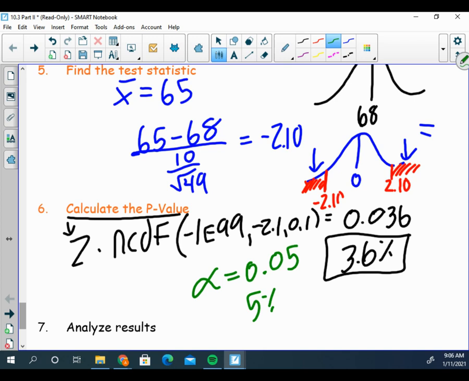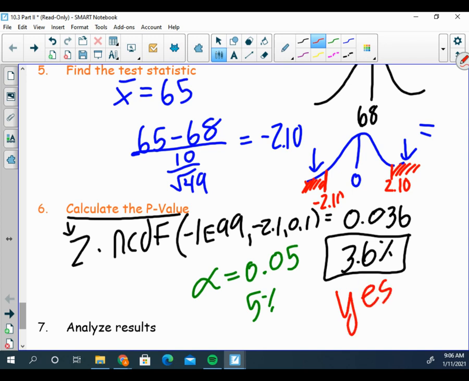If I ran the whole thing again, there's only a 3.6% chance that I would get a data value that's 2.1 standard deviations below and above the mean. Does that mean I would reject the null if my significance level is 5%? Again, what I hope you come up with is yes, you should reject the null.